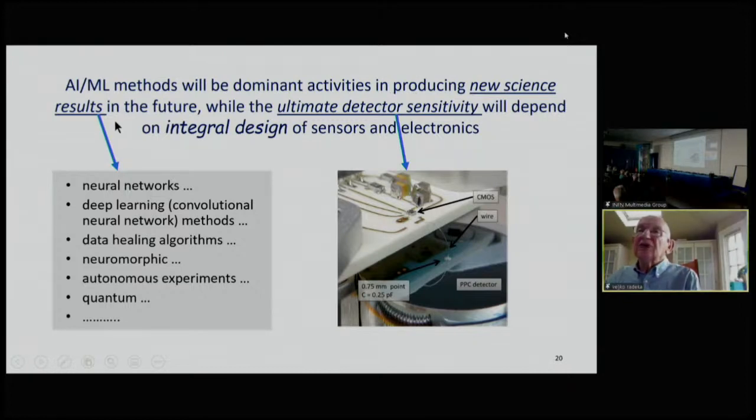In these results, you see papers relying on neural networks, deep learning, data healing algorithms, neuromorphic, autonomous experiments, and various exploration into the quantum effect-based systems.